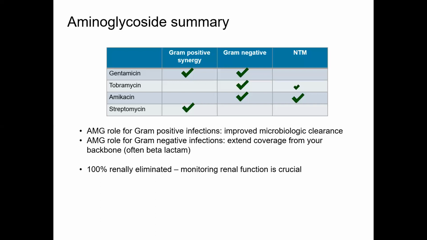So if we're worried about Pseudomonas being resistant to cefepime or meropenem, which is what our primary agent is, perhaps we might add tobramycin to kind of expand that coverage from our backbone, which we use routinely. Aminoglycosides are 100% renally eliminated, and so monitoring renal function is crucial.